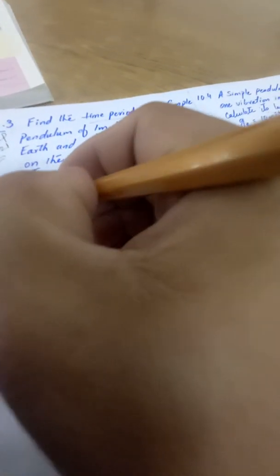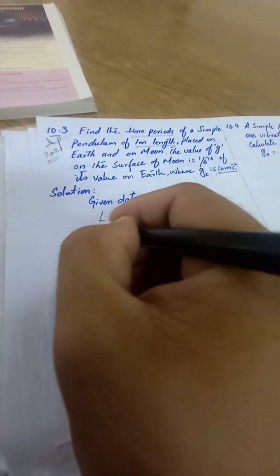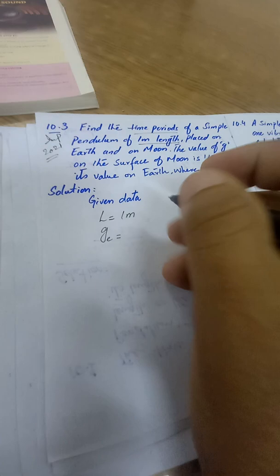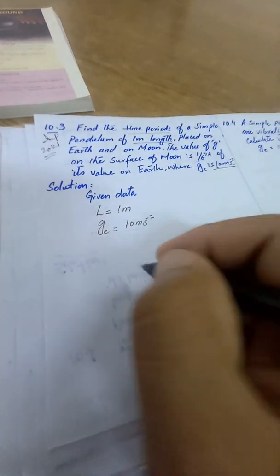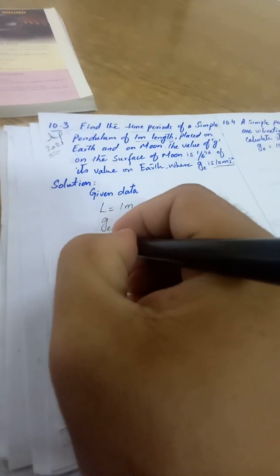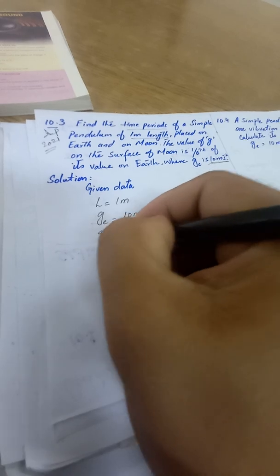So the given data in this problem is the length, which is 1 meter, of a simple pendulum, and the value of g on the surface of the earth is 10 meter per second square, and the value of g on the surface of the moon is 6 times less than on the surface of earth.